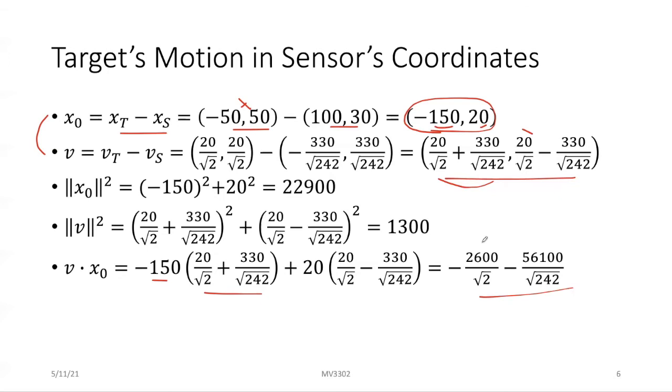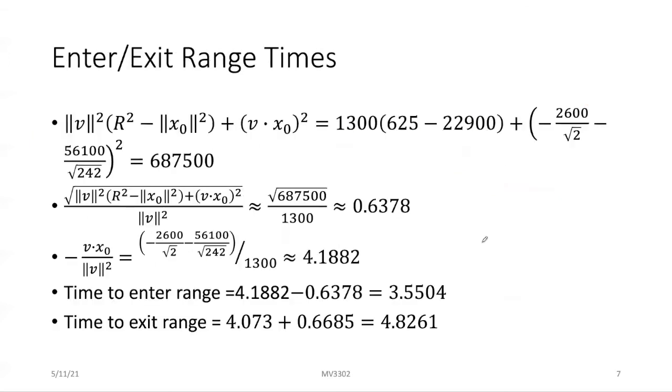No, I'm sorry, I take that back. We don't know that yet. We need to do this computation. So this is the expression under the radical. So it's the norm of the velocity squared times the difference between the square of the range and the square of the relative location, and then we add in the inner product squared. So that would be, again, 1300, that was the velocity squared.